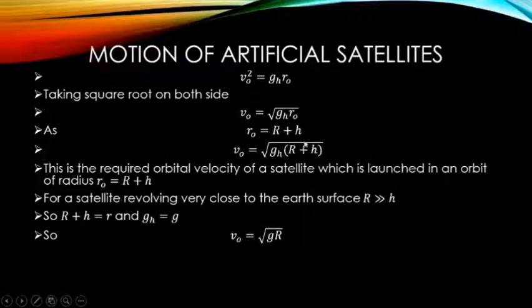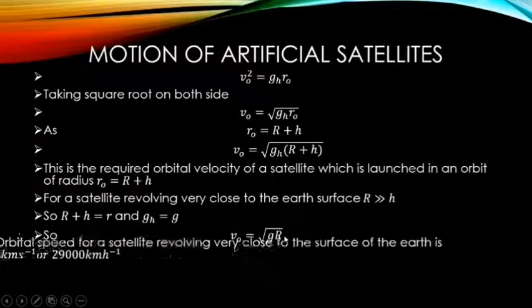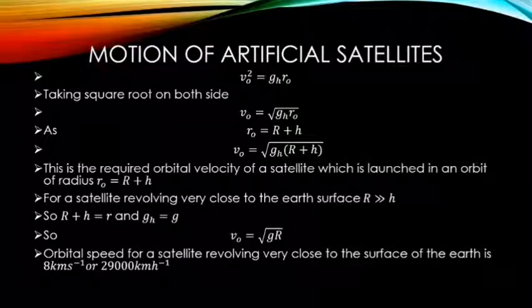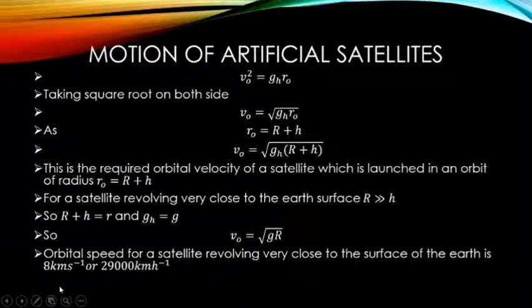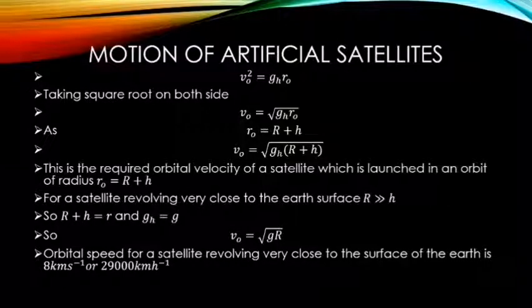So the relation for orbital speed becomes v0 is equal to the square root of g r. Putting in values, we get the orbital speed of a satellite revolving very close to the surface of the earth as 8 km per second or 29,000 km per hour. So this is the orbital velocity for a satellite that is revolving very close to the surface of the earth.